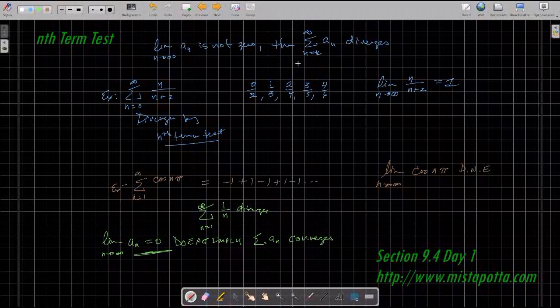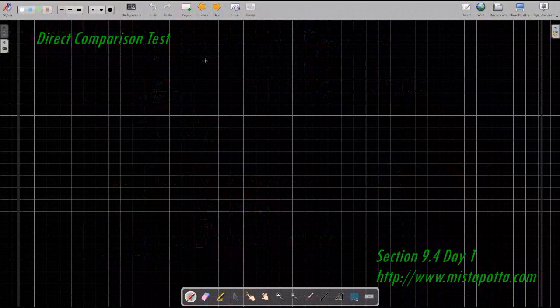The other test that we're going to be talking about today is the direct comparison test. In other words, if I compare two series, one unknown and one that has a very, very well-known behavior, then I can make predictions about what's going on. There are two parts to this.